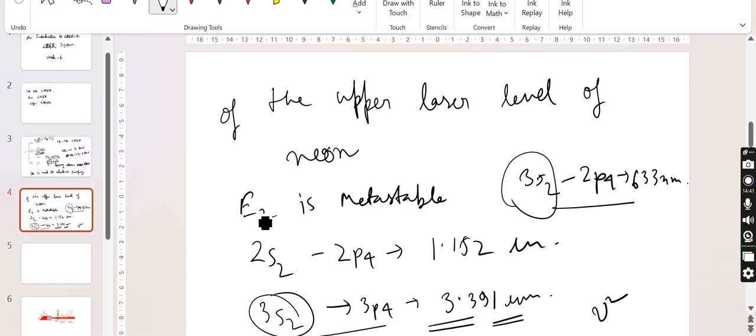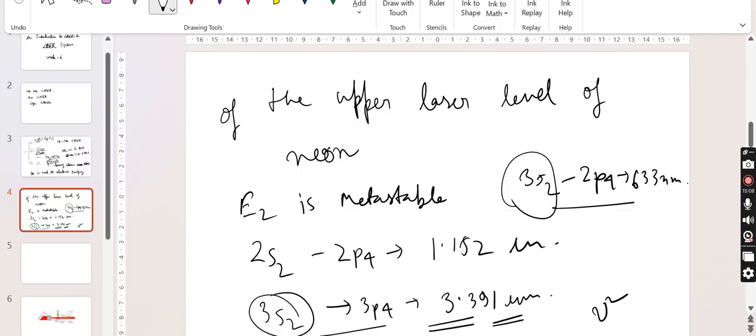The gain at 3.39 micrometer is much higher than at 6328 angstrom, 633 nanometer. Thus, due to this very large gain, oscillation will normally tend to occur at 3.39 micrometer rather than 630 nanometer. So once the laser starts oscillating at 3.39 micrometer, further buildup of population in E6 is not possible.